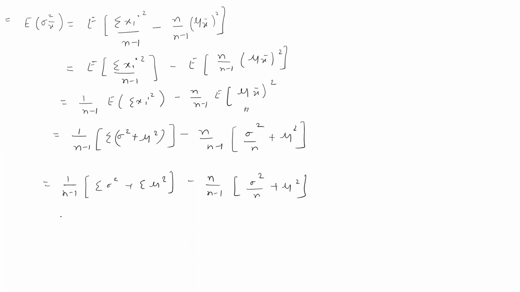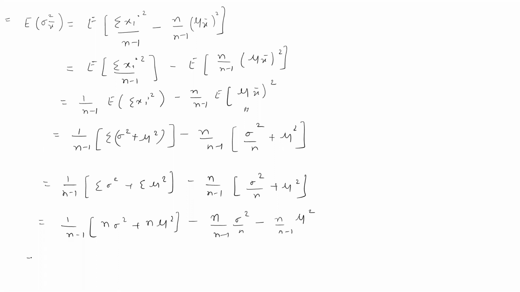So when sigma square comes outside the summation, this will become n times sigma square. When mu square comes outside the summation, it becomes summation of 1 inside, so it becomes n times mu whole square. Minus, I will multiply this inside, so this will become n by n minus 1 sigma square by n, and plus into minus is minus, so this will be minus n by n minus 1 times mu square.